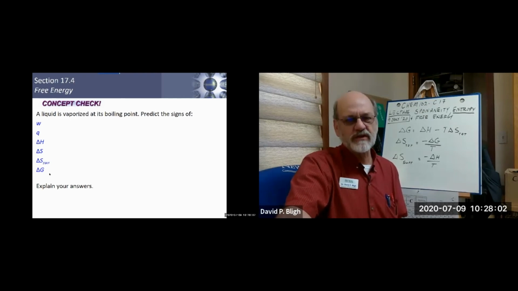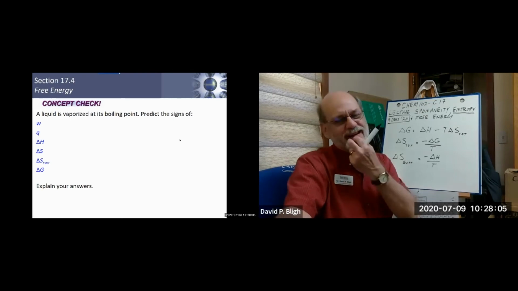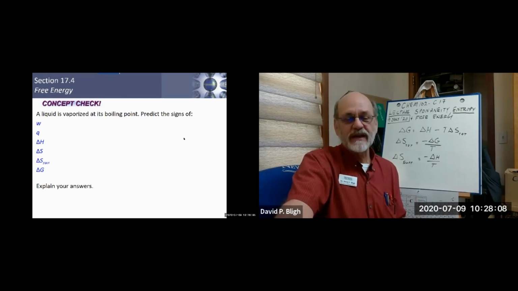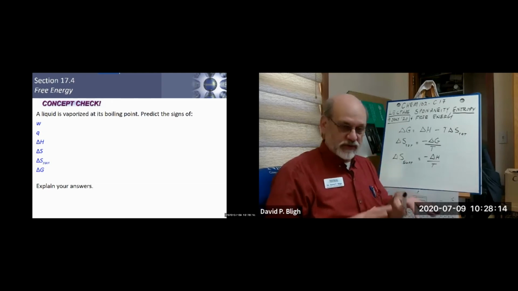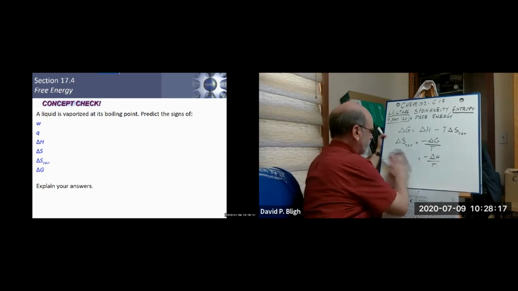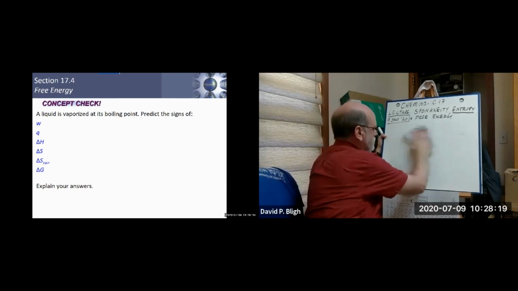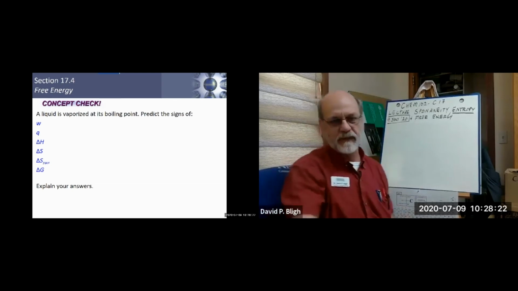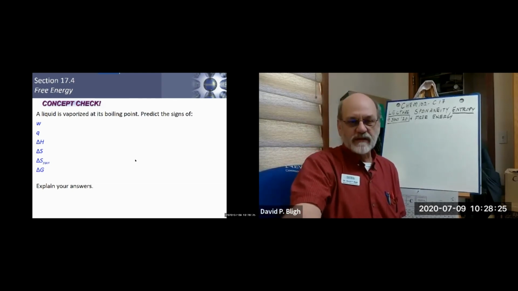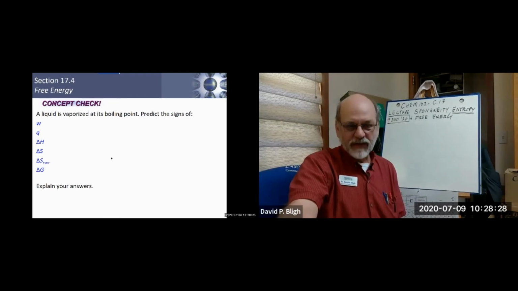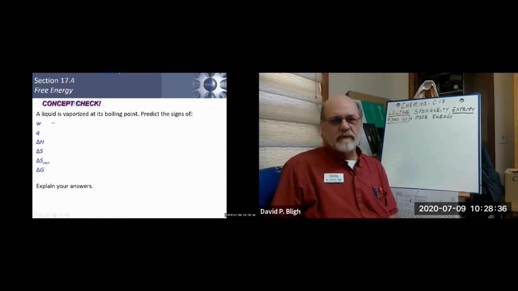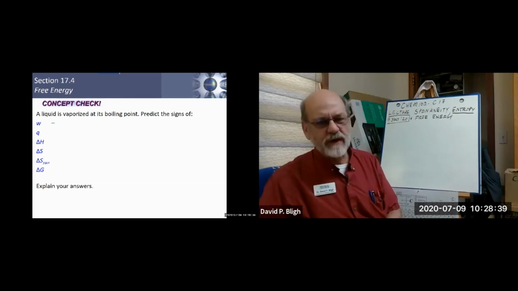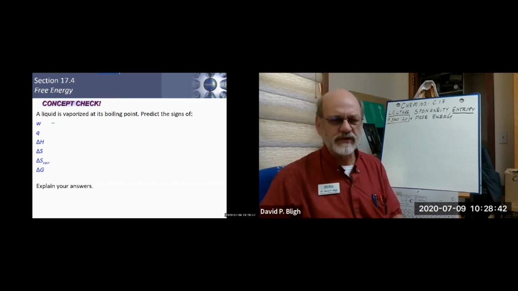So let's look at these terms in turn relative to a liquid that is vaporized at its boiling point. Remember, at the boiling point, you have an equilibrium situation. All right. So what would be the signs of each one of these? At the boiling point, well, in this case, we would have to define system and surroundings.